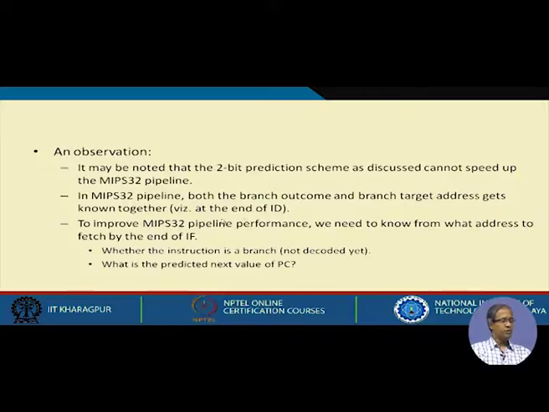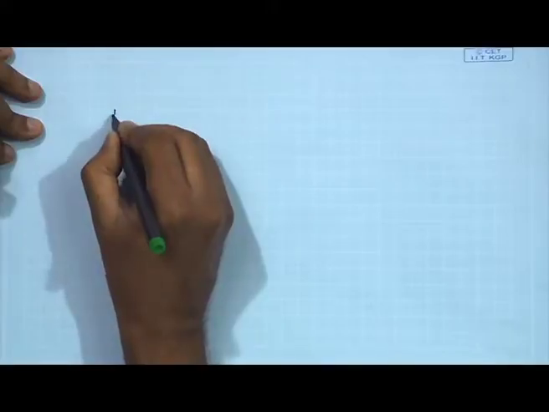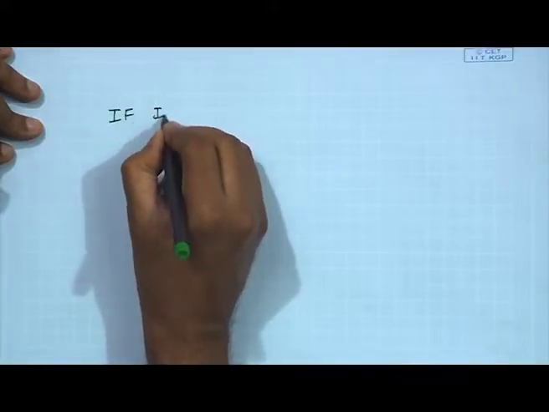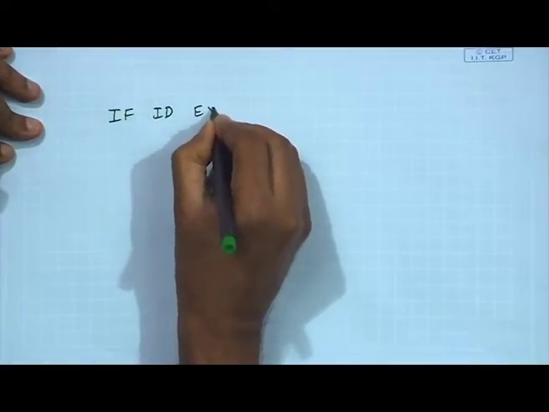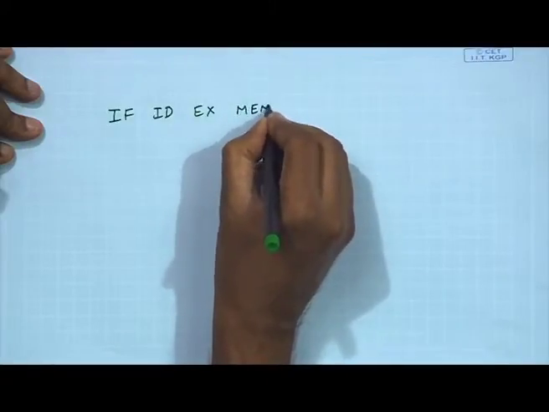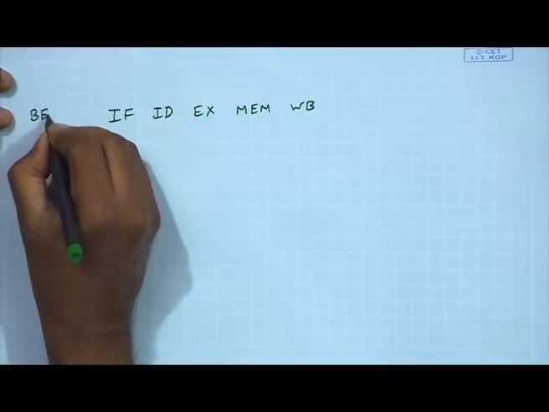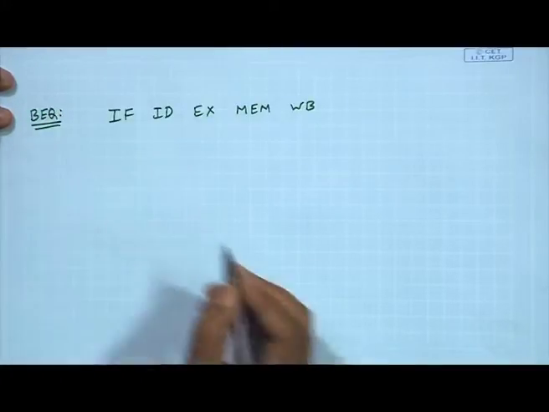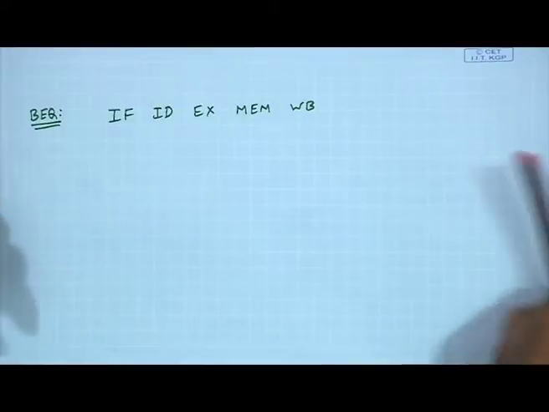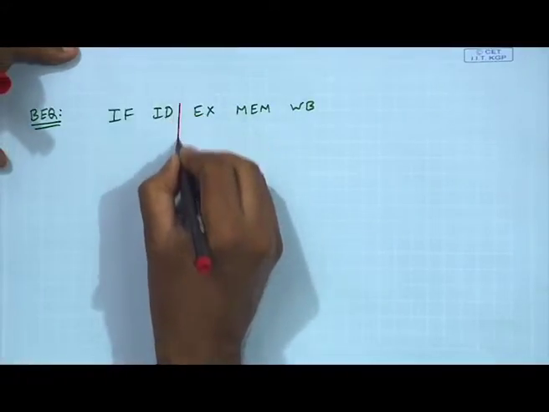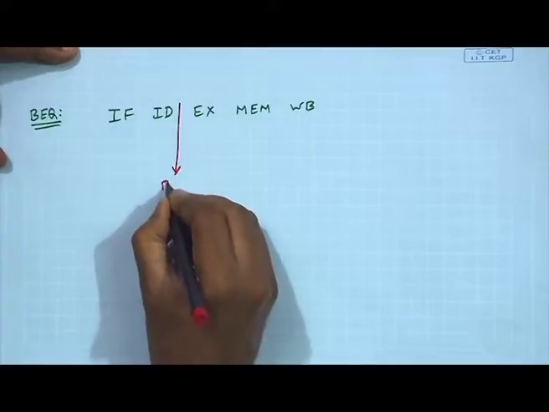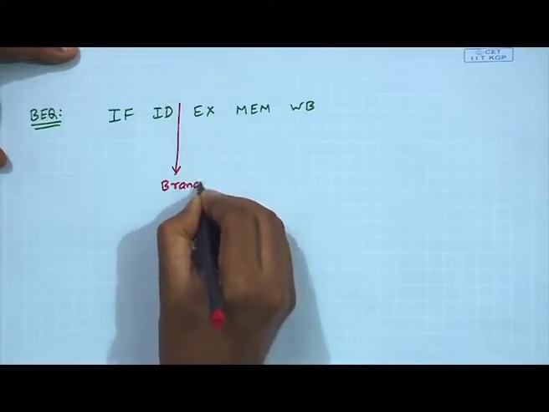So, for the MIPS 32 pipeline, we need to do something more. See, if we look at the pipeline stages again, it was fetch, decode, execute, mem and WB. Suppose this is a branch instruction. What I am saying is that it is only at the end of ID that you come to know about the branch outcome precisely.